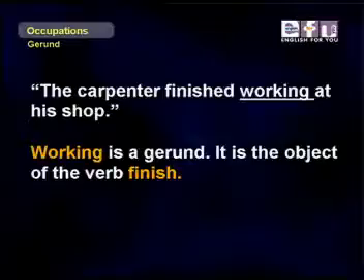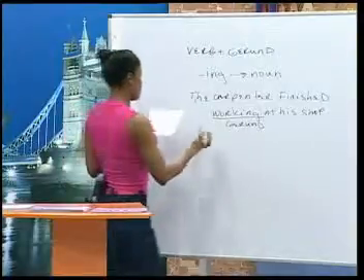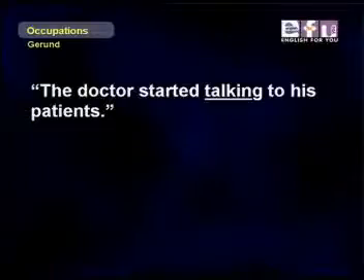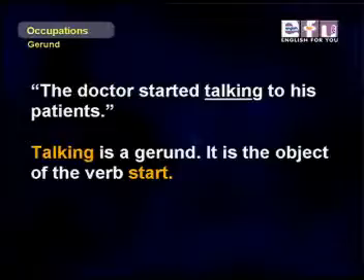It is the object of the verb finished. Okay, next example. The doctor started talking to his patients. Now in this sentence, talking is a gerund, and it is the object of the verb started.